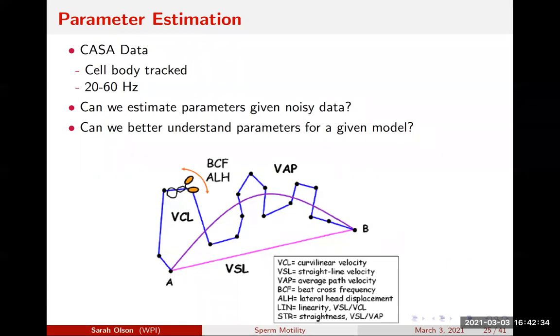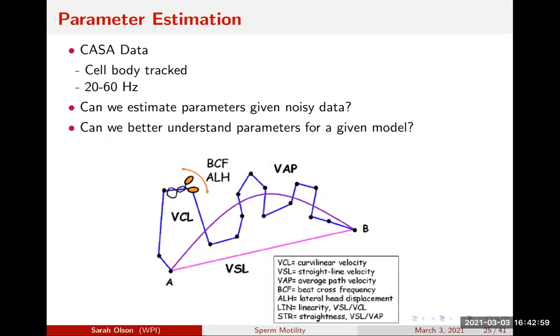So instead of running a number of simulations, we're trying to really back out what the right parameters are. So we started thinking about, given some noisy set of data, can we actually understand what the parameters are in these coupled fluid structure interactions where we have these very elastic and dynamic microswimmers?